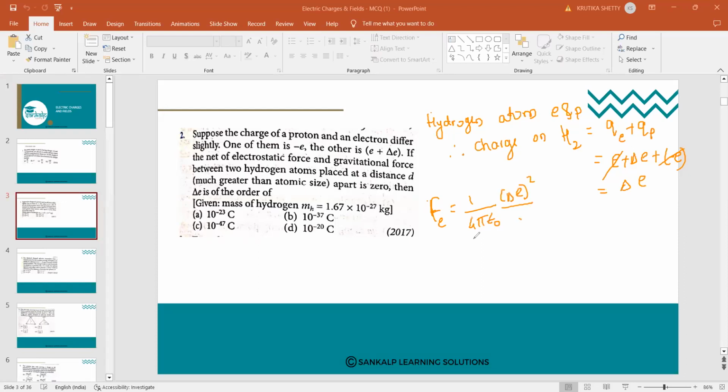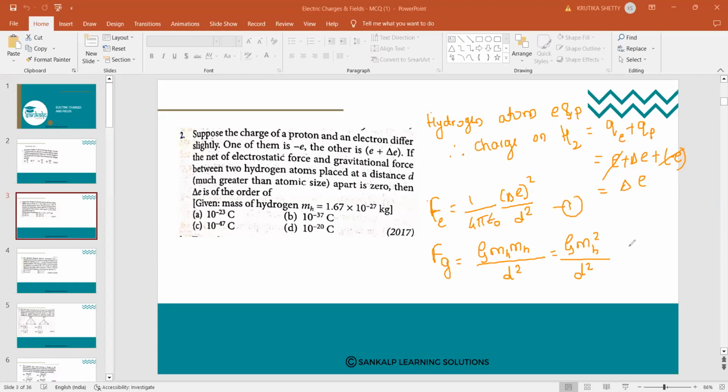Then next, the gravitational force is given by G m of hydrogen, the other also hydrogen, divided by d square. So this can be written as G mh square, where mh is the mass of the hydrogen atom, upon d square.